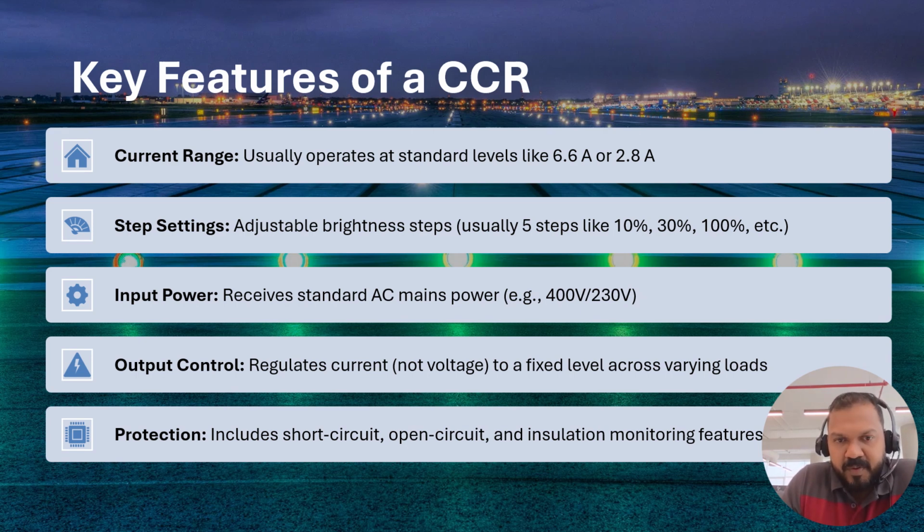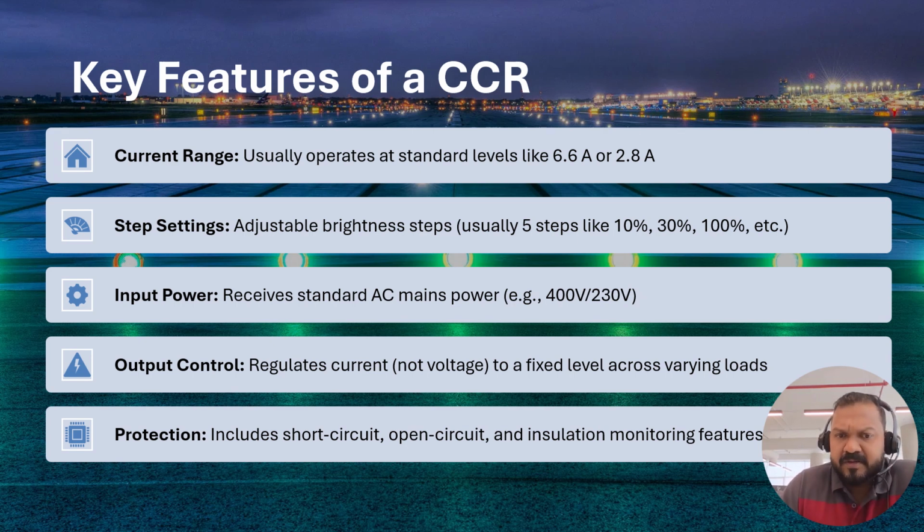And the major input power is a standard input, we can say 3-phase or single phase, 400 volt or 230 volt. Then output control: it regulates the current with a fixed level across varying loads. So it regulates the current, not voltage. Voltage is fixed, either single phase or 3-phase.